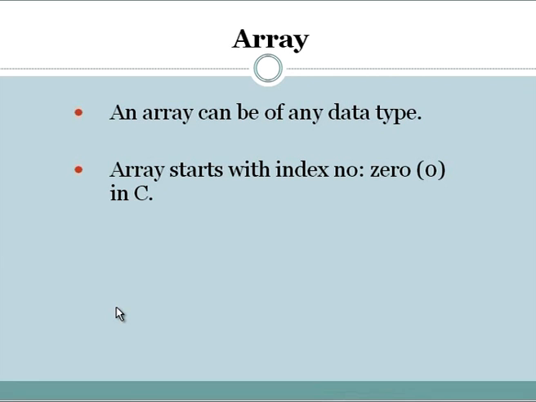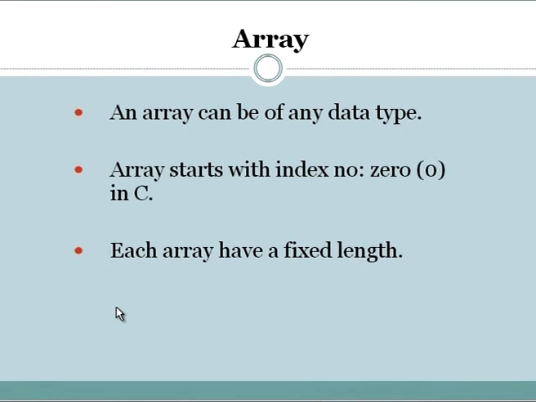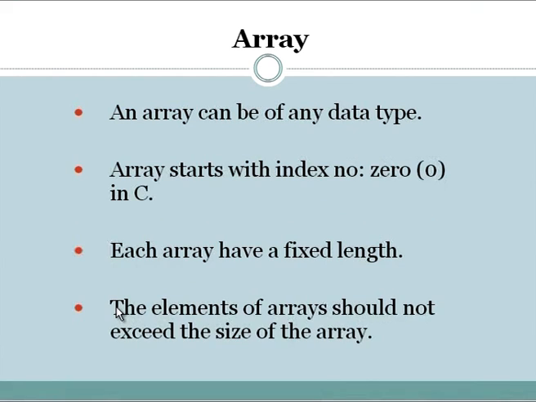Array starts with index number 0 in C, which means that in the list of array the first element is accessed by using index number 0, next one with 1, 2, 3 and so on. Each array has a fixed length. The elements of array should not exceed the size of array.